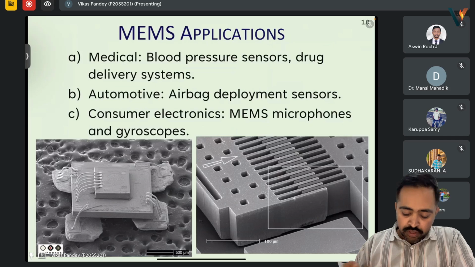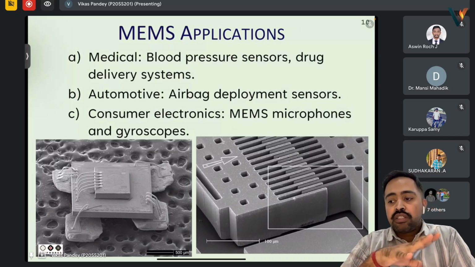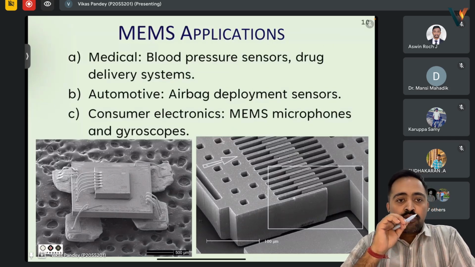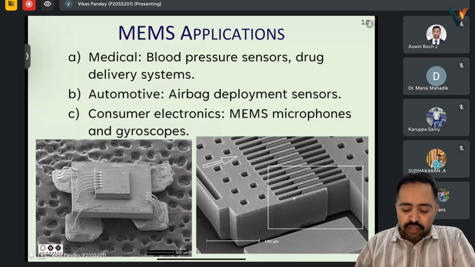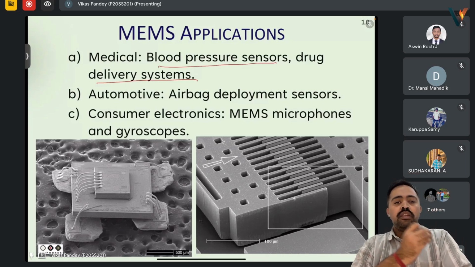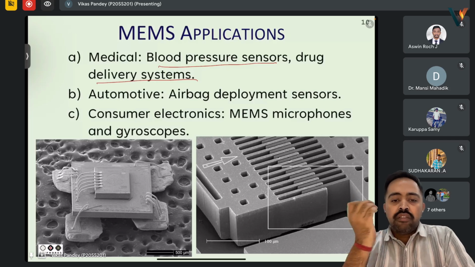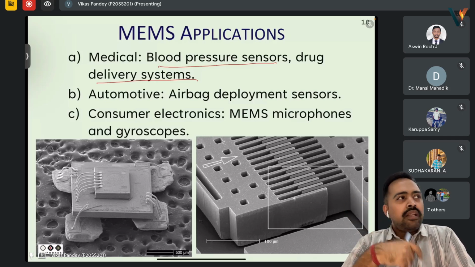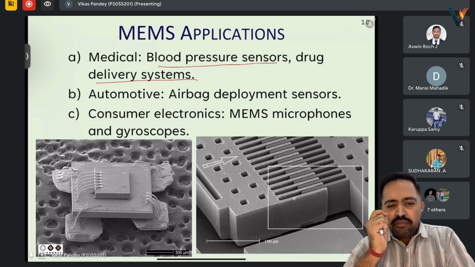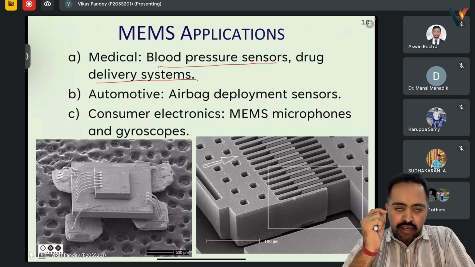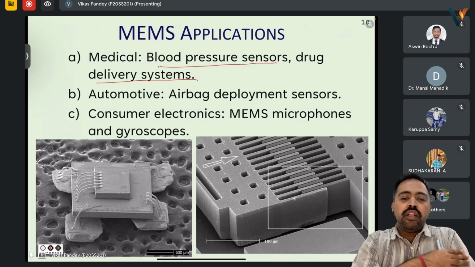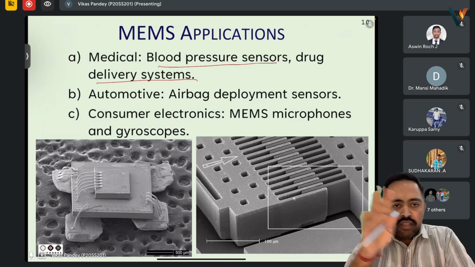So what are the applications of MEMS? In medical devices, we have blood pressure sensors and drug delivery systems. We saw how insulin is delivered with minimal pain; the tip is much thinner than a needle, and you will not even feel any pricking, no blood, nothing.